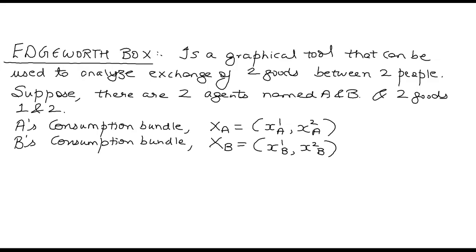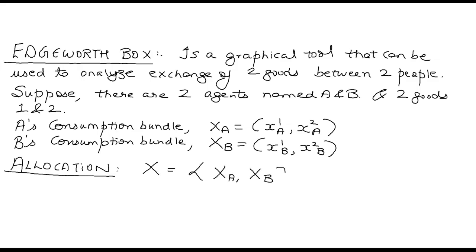Amount of good 2 consumed by agent B. So these are my consumption bundles for agent A and agent B. Now, what is meant by an allocation? An allocation is nothing but the set of all consumption bundles. So an allocation X is nothing but the set of the consumption bundle of agent A and the consumption bundle of agent B.